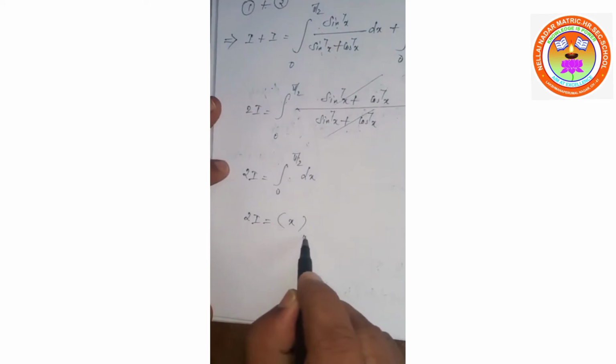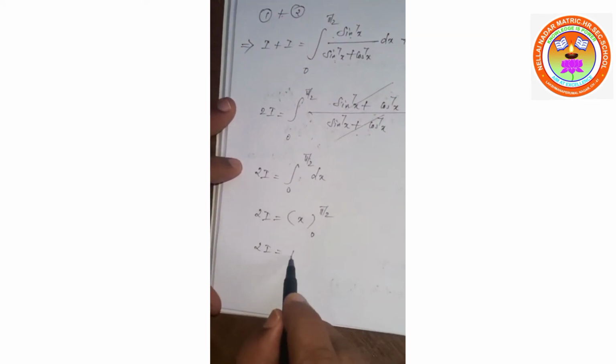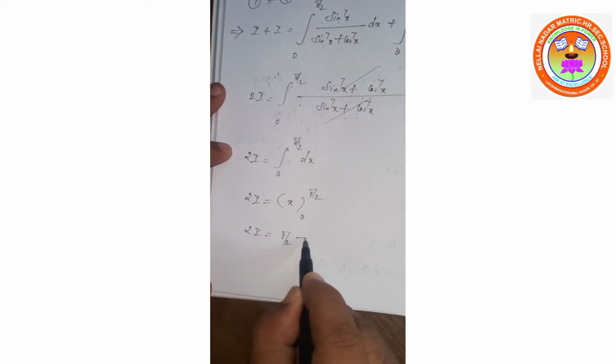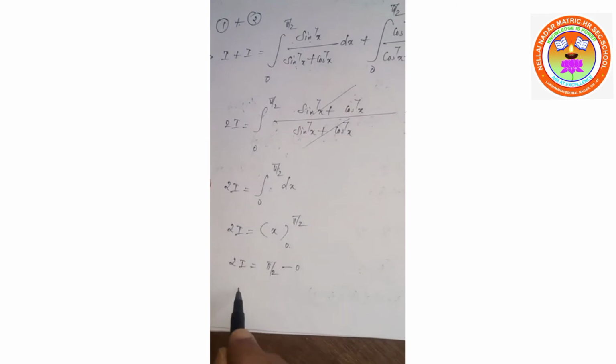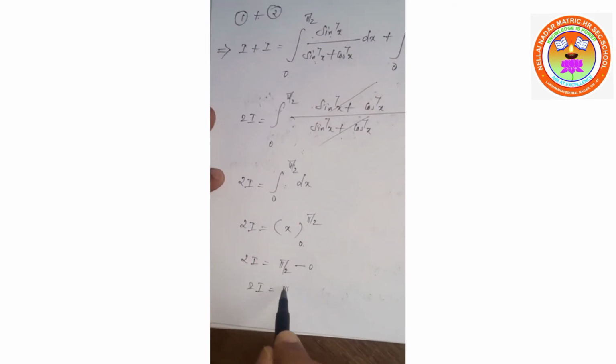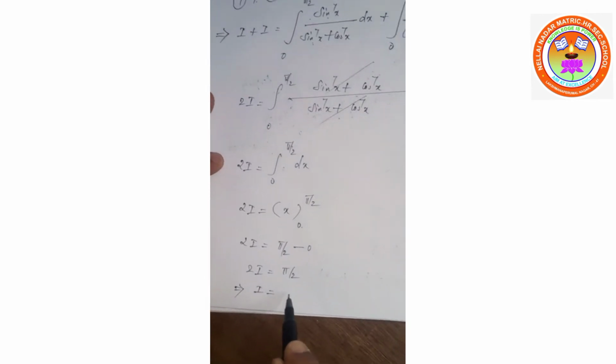2I equals, you know the integration of dx is x, you have to apply the limits. 2I that is equal to, first apply the upper limit minus, replace x by the lower limit. What's the lower limit? 0. So 2I that is equal to pi by 2, which implies I equals pi divided by, cross multiply, 2 2s are 4.